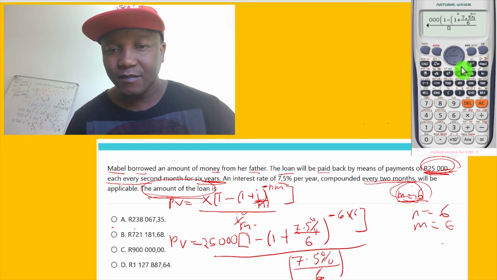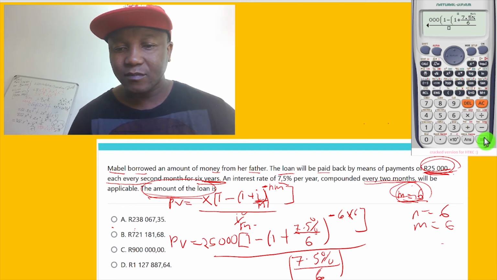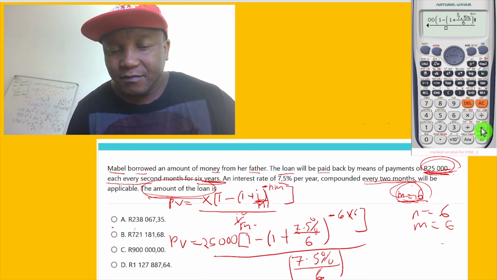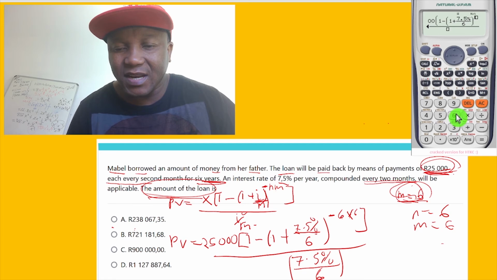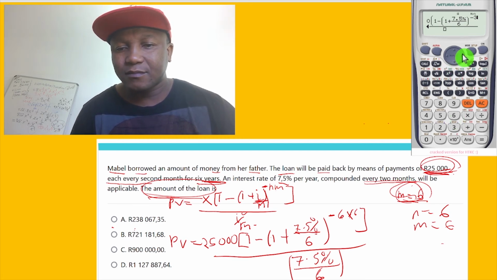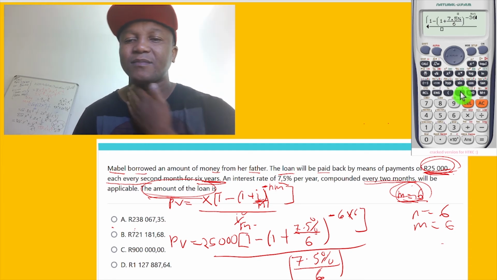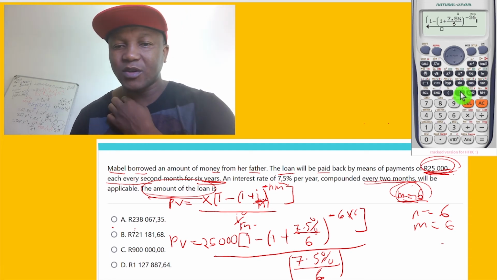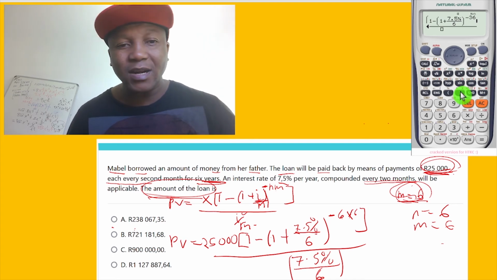Then we close, and then we go to power, minus 6 times 6, which is 36, so minus 36. After that, close.